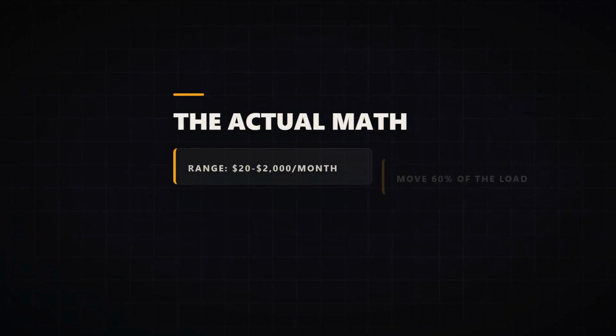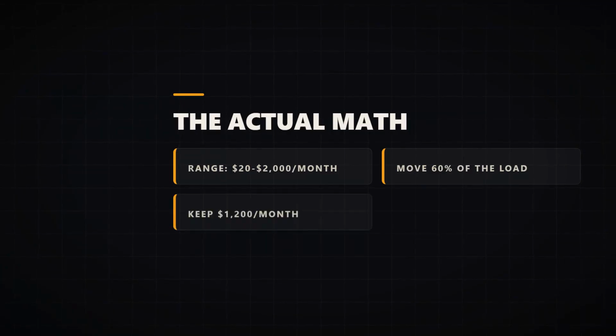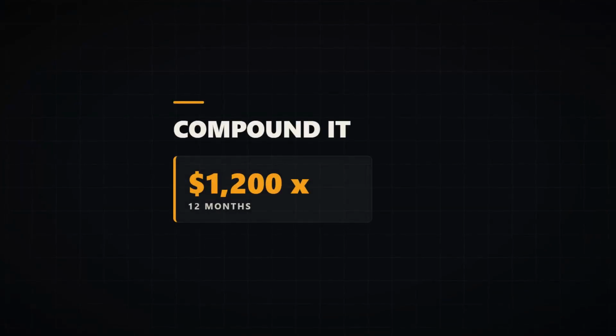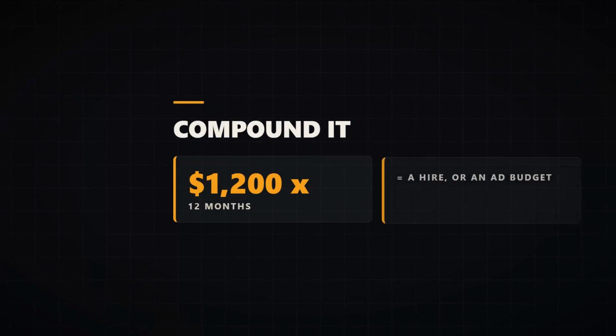On a $2,000 bill, keep $1,200 a month forever. On a $20 subscription, the subscription itself becomes optional. Same math, different comma. Compound $1,200 a month over 12 months and it stops being a rounding error, it starts being a hire, or a marketing budget, or the tool everyone has been putting off buying.